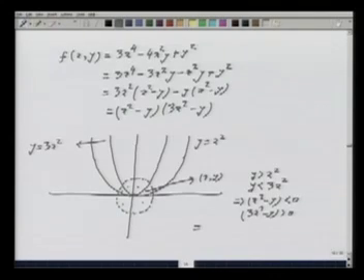This would imply then that f(x, y), which is the product of these, one is positive, the other is negative, is less than 0. But notice this 0 is actually f at (0, 0). So I get a point in the disk where f(x, y) is less than f(0, 0).